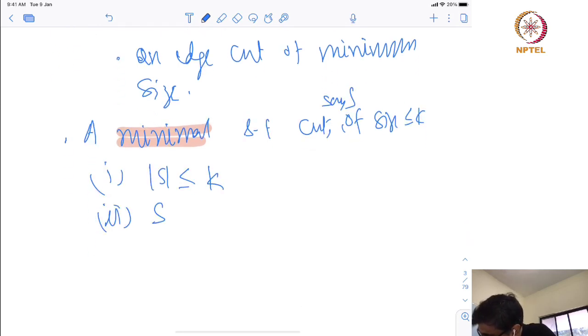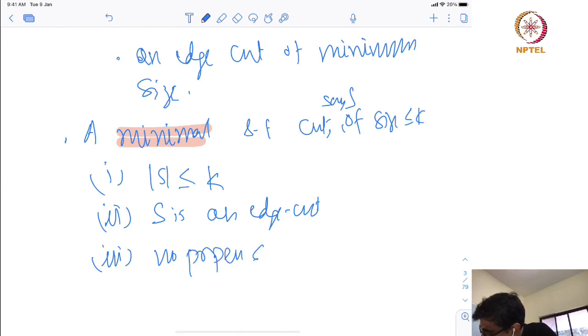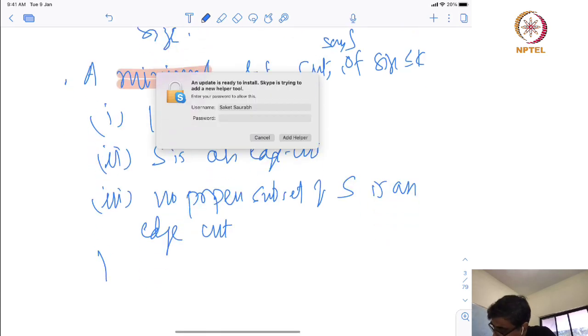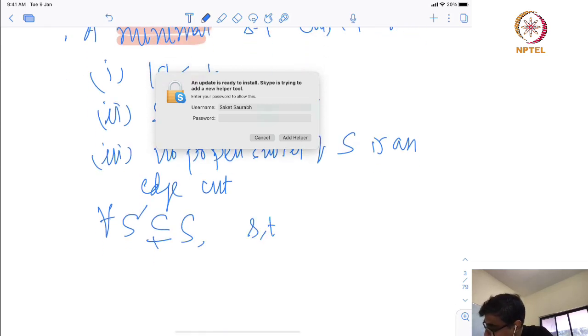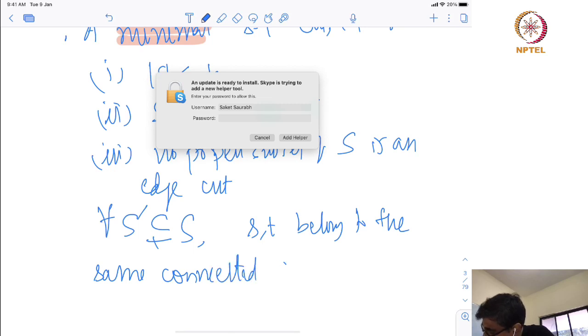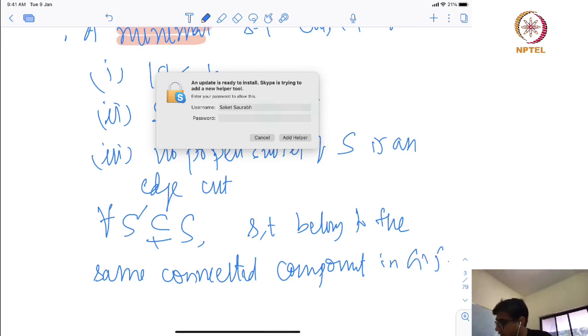Secondly, S is an edge cut. And thirdly, no proper subset of S is an edge cut. In other words, for all S prime a proper subset of S, S and T belong to the same connected component in G minus S prime.